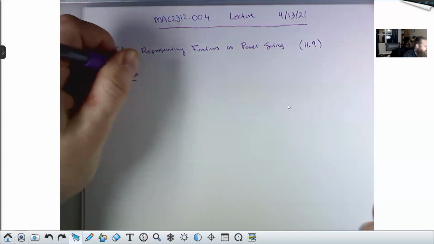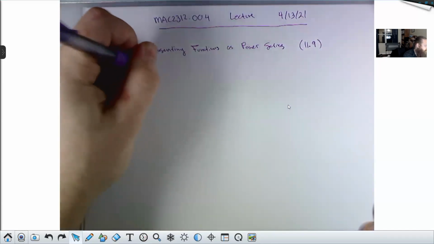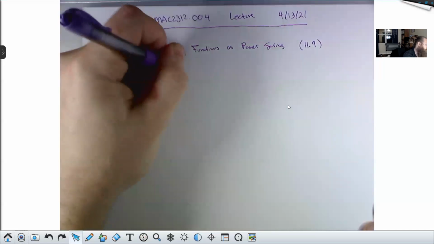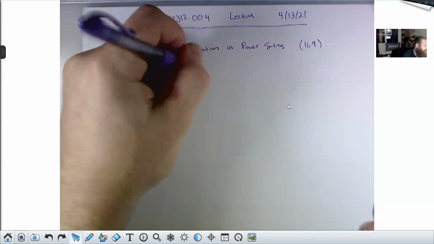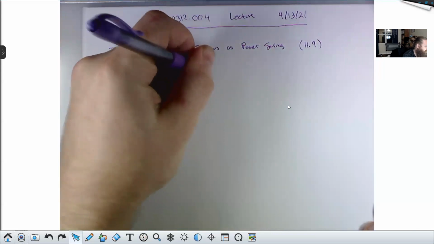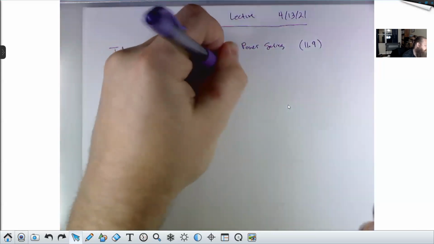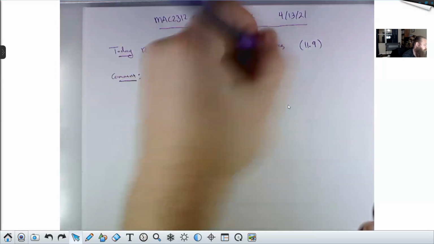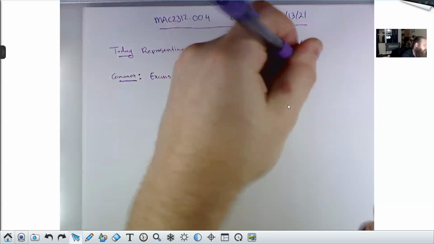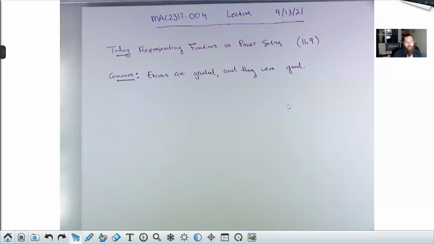The exam 2s are graded. My dog is looking at himself. Hamlet, be good, bud. The exams are graded. And they weren't bad. They were good. A note or two, I suppose, is in order here.